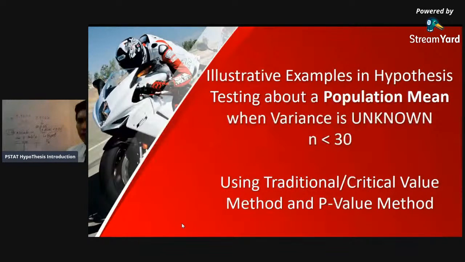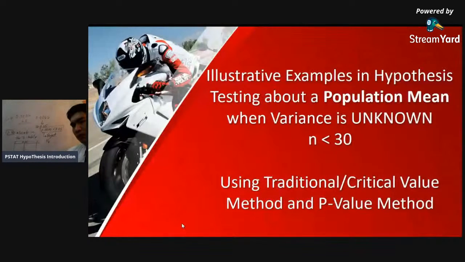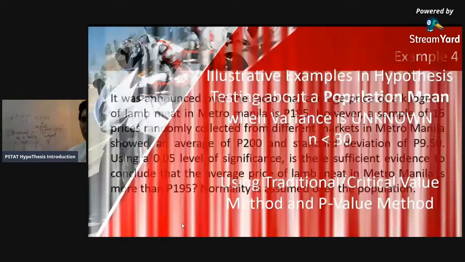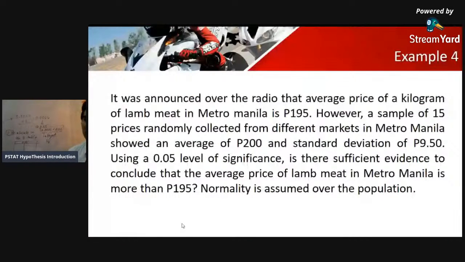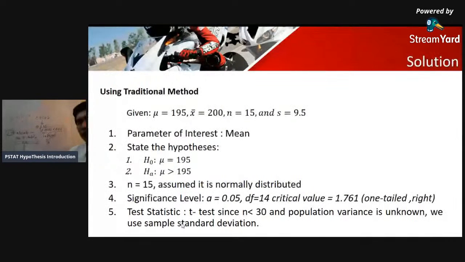Take note of this: variance is unknown and the sample size is less than 30. So check the sample size. The sample size is 15. As mentioned earlier, if your sample size is less than 30, then you use the t-test. From the given, we can formulate this parameter of interest, which is the mean.